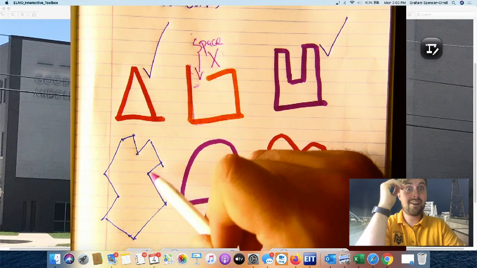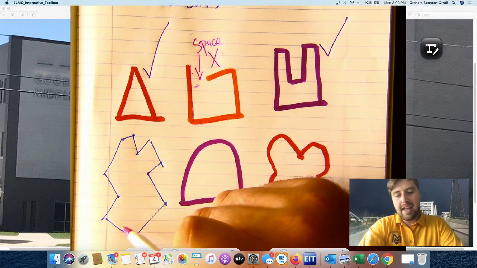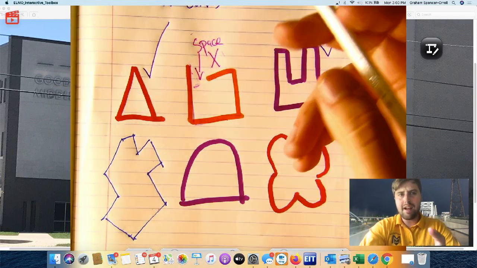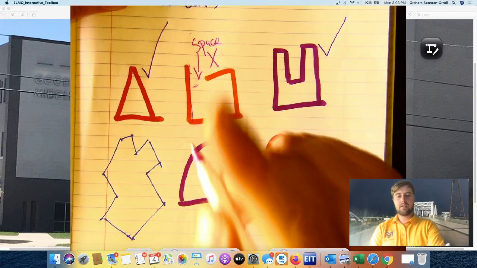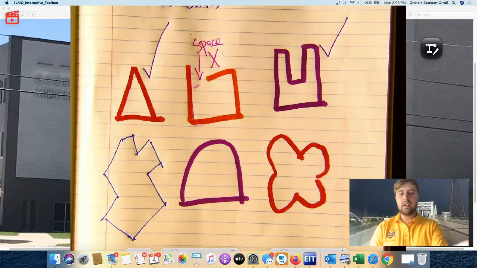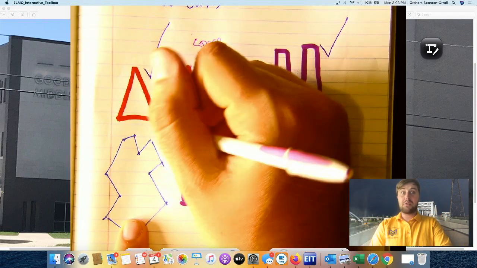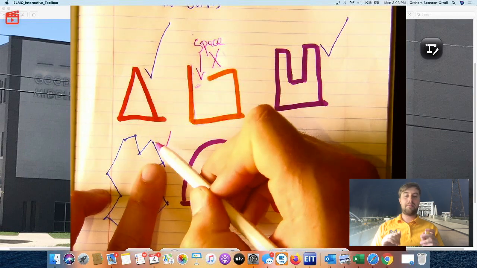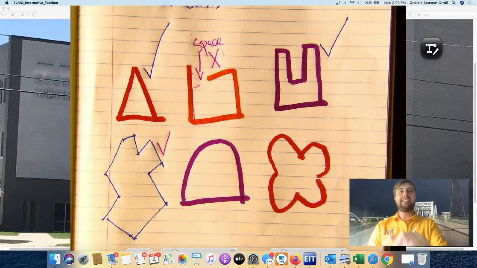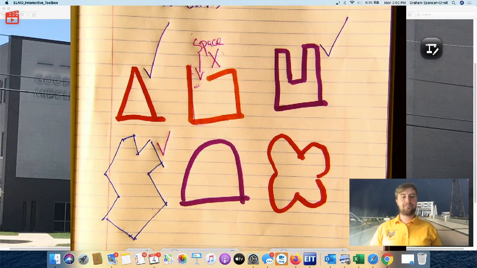Or 11 sides, sorry, I can't count. 11 sides, but none of them are rounded, and they touch. There are no gaps. So we're going to say yes, that is. Although looking at it now, I see that those don't quite touch, so if you said it wasn't, that's okay too. I'm going to say it was because I thought those touched. If you said they don't, that's okay.